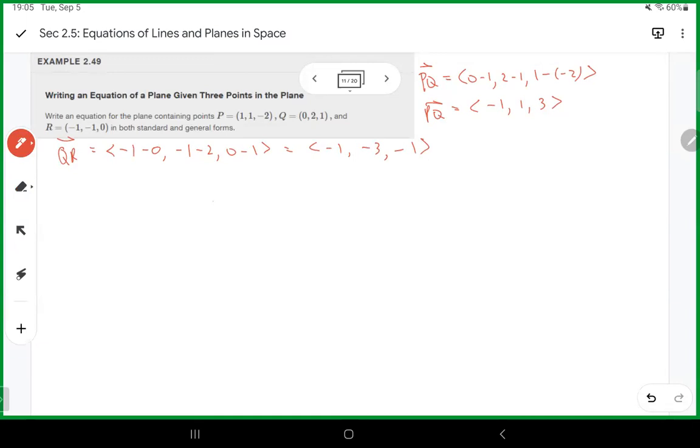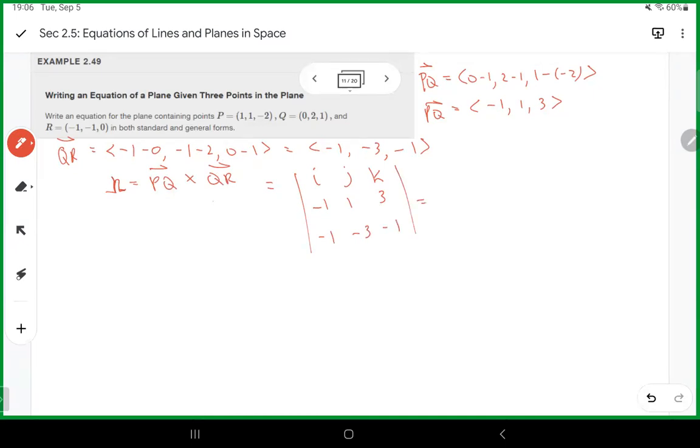So the cross product PQ cross QR is orthogonal to both PQ and QR. So it is normal to the plane that contains the two vectors. So in other words, we're going to have n equal to PQ cross QR. So we're going to have I, J, K, negative 1, 1, 3, negative 1, negative 3, negative 1.